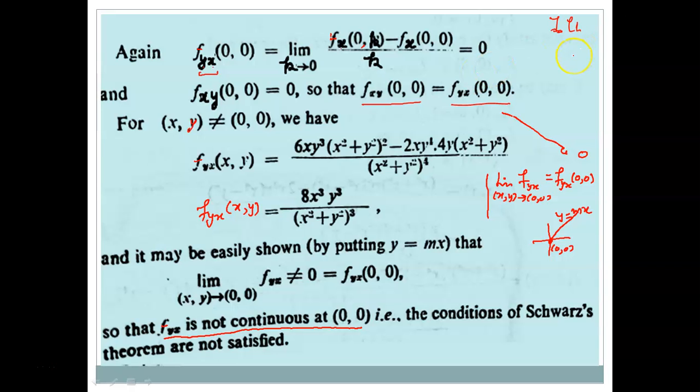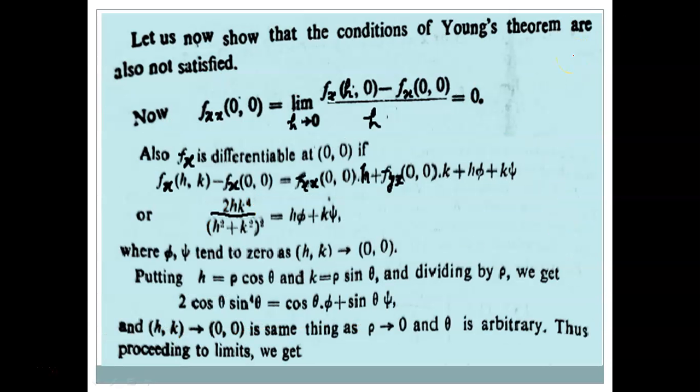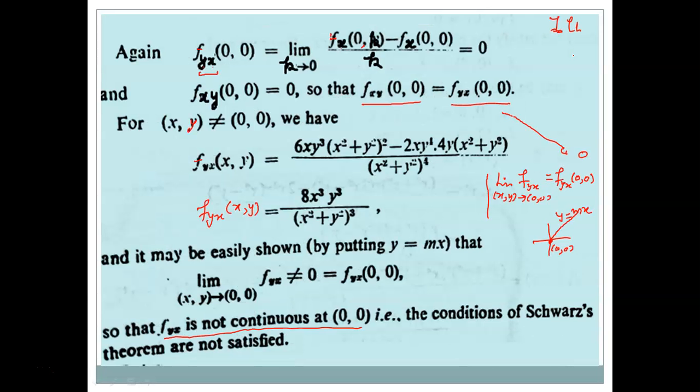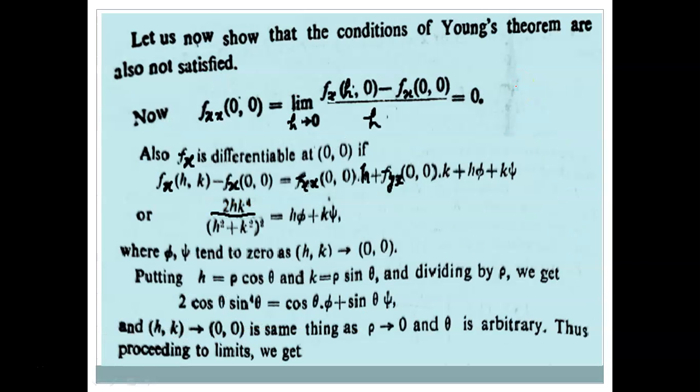We have one example. Now we again have one example. In this example we have checked the conditions of the Schwarz theorem. Now we'll check the conditions of Young's theorem. So what do we require in Young's theorem? In Young's theorem we need the differentiability of fx, whether this fx is differentiable at (0, 0) or not.